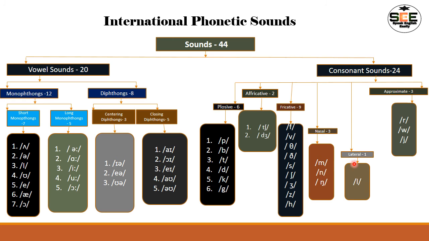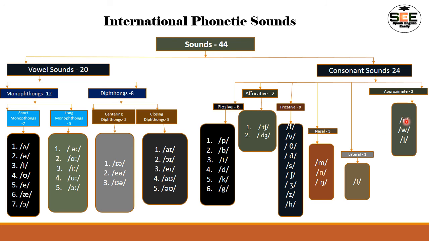Okay, and lateral sound is l, it is symbolized with l, so it produces sound l. Okay, so approximants are three, it is r, and v. It is not v, it is v. Okay, v.